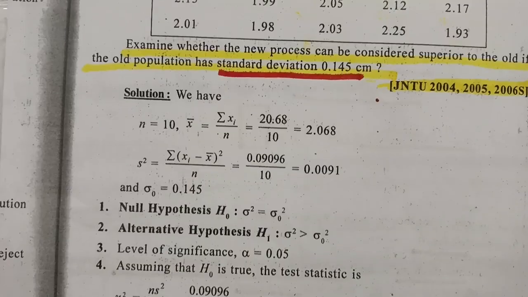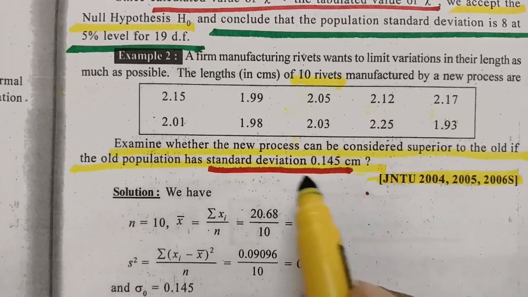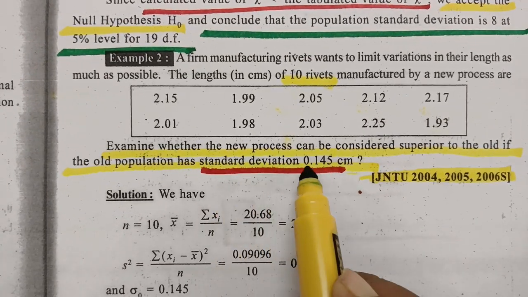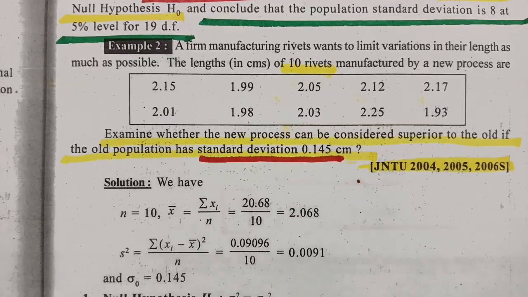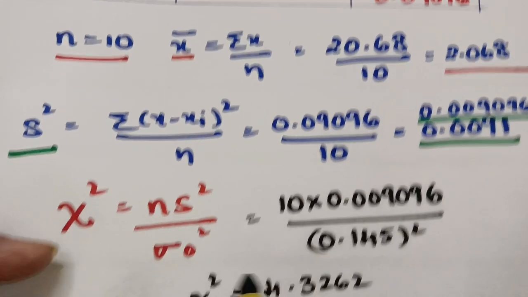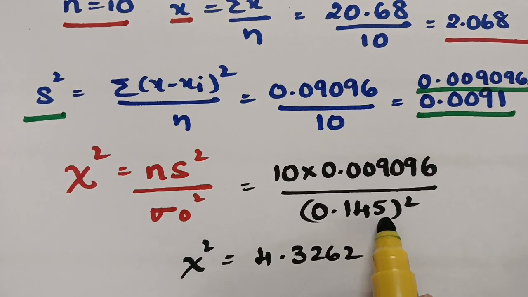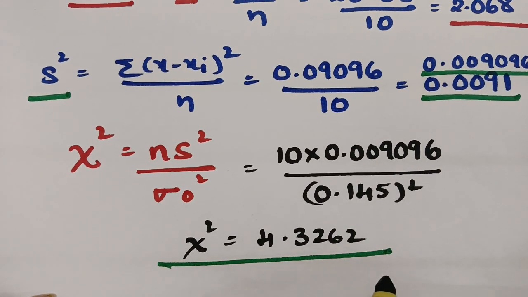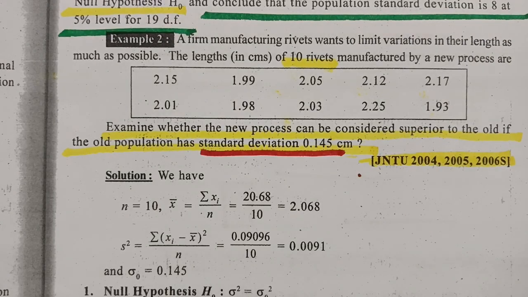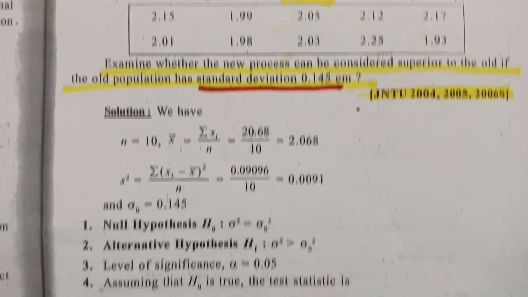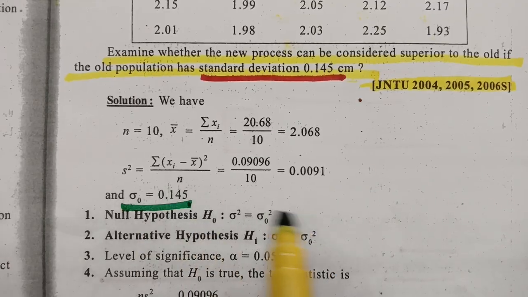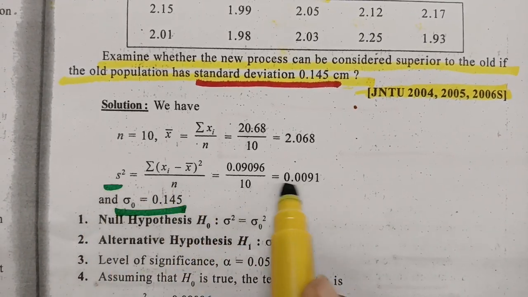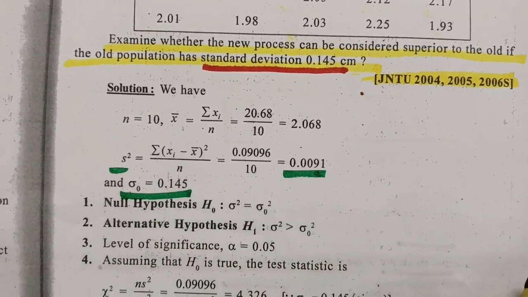The standard deviation is 0.145, so we substitute 0.145 whole square. The chi square value is 4.3262. Sigma naught square is taken from the problem, and I have just shown how we got the x values.